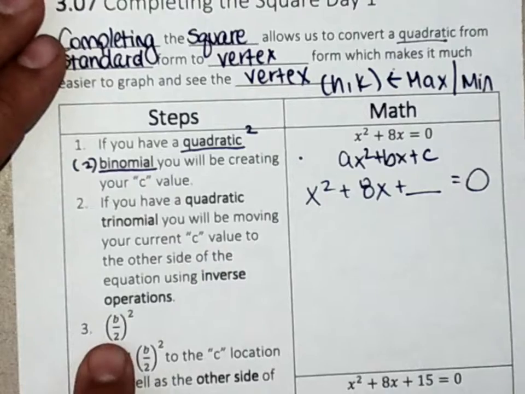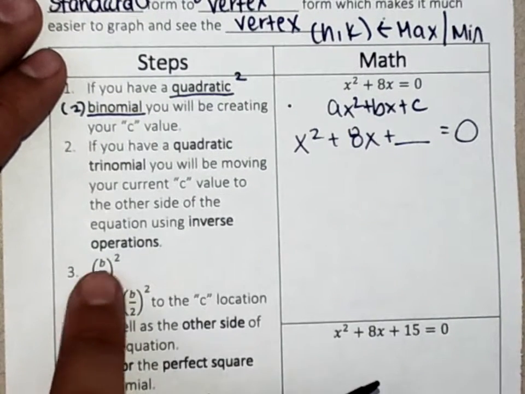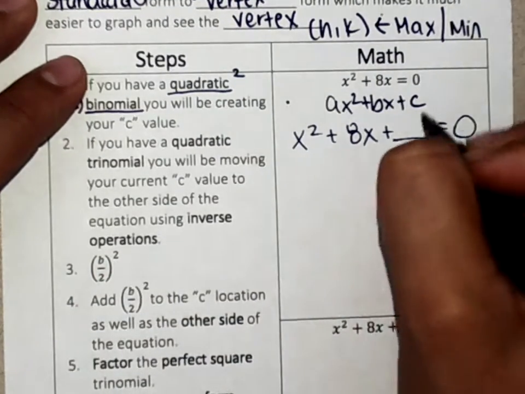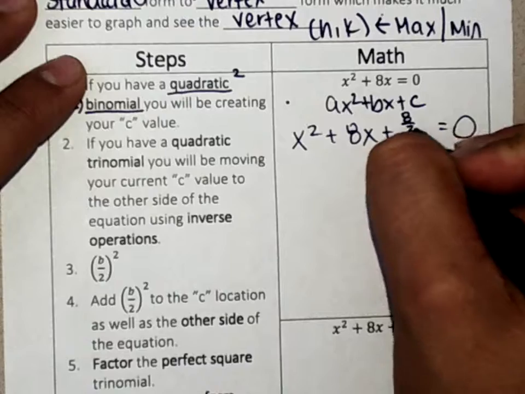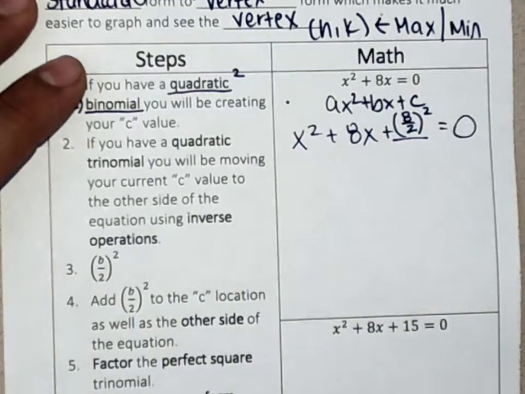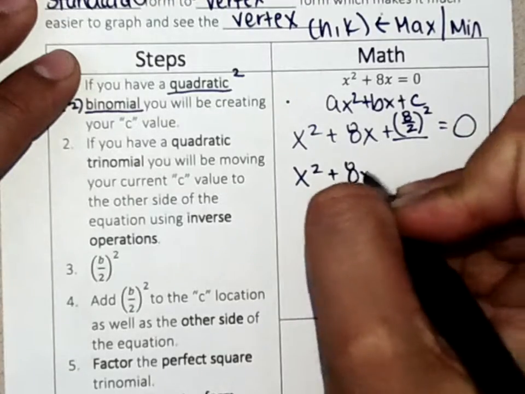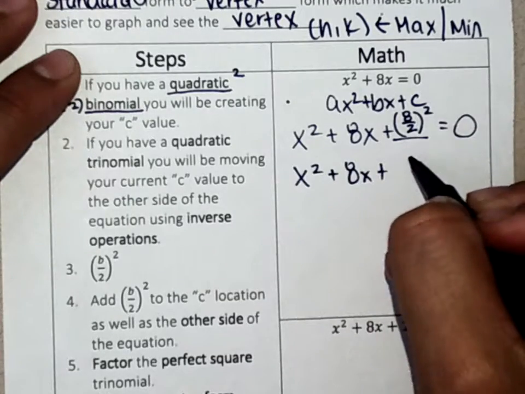We're going to move down to step 3, which now says we're going to divide our b term by 2 and square it. So if I'm going to divide my b term by 2 and square it, we're going to end up with, well, 8 divided by 2 is 4.